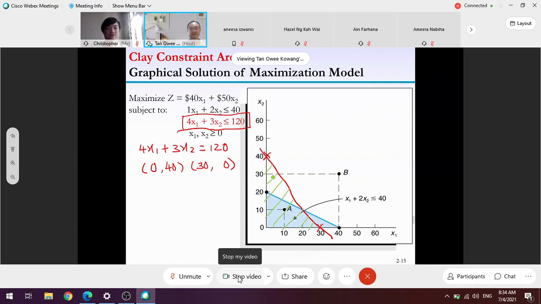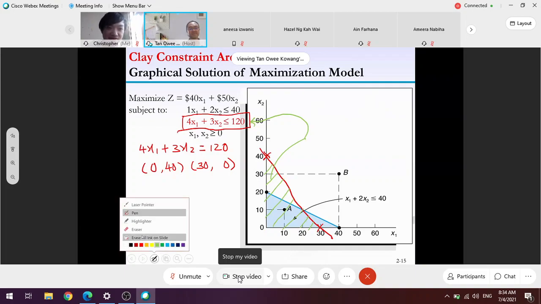Okay, make my life easier. So the next step is, I have done all the constraints. For this example, you only have 2 constraints, but you might have more than 2. If you have more than 2 constraints, you must continue plotting the line. So in this case, I reflect all the 3 constraints on my graph.